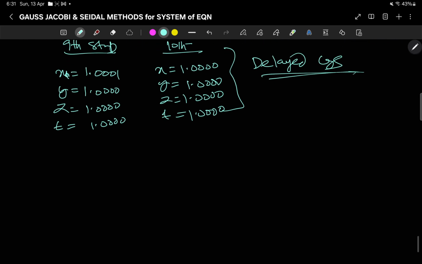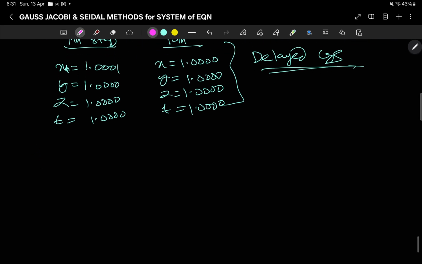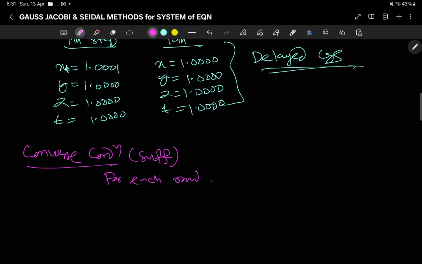So for the exact convergence condition, this condition is sufficient: for each row i, |Aii| should be greater than or equal to the summation of |Aij|, where j varies from 1 to n and j is not equal to i, right?